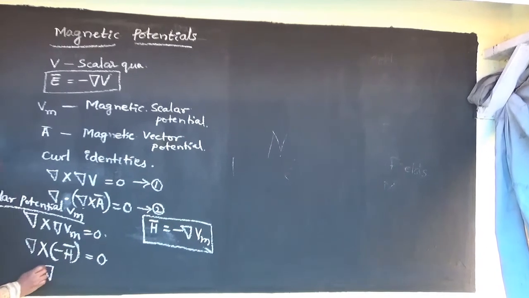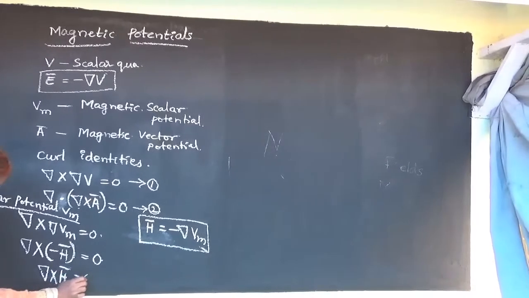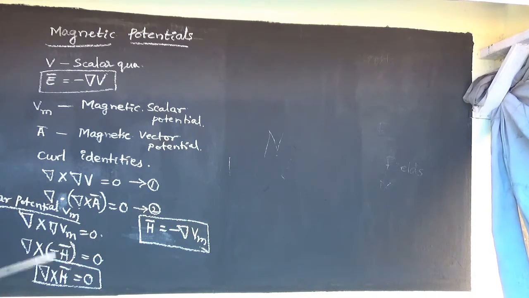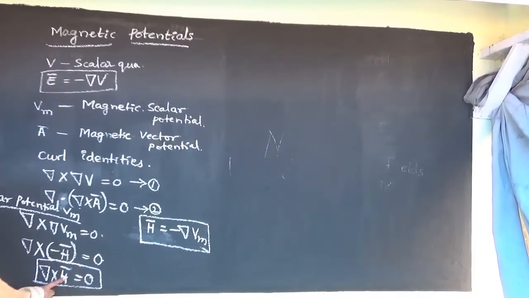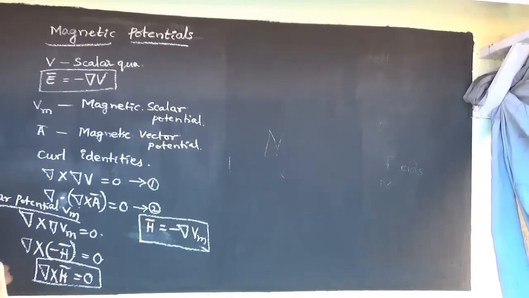So we can conclude that del cross H bar equal to 0. This is the equation we got. But actually this is nothing but the curl of magnetic field intensity.